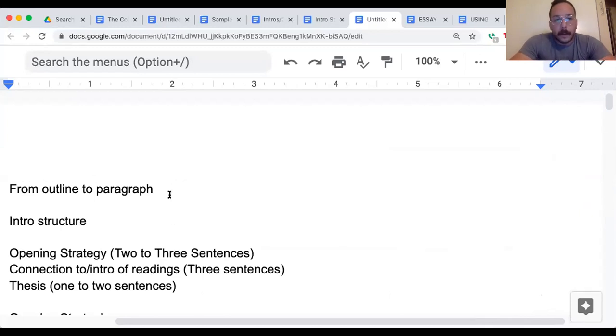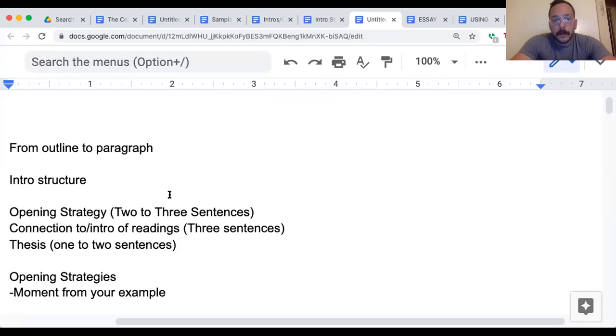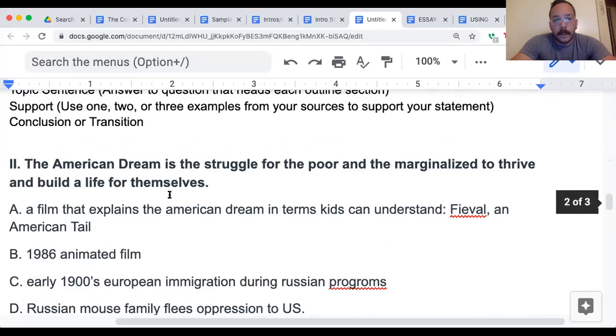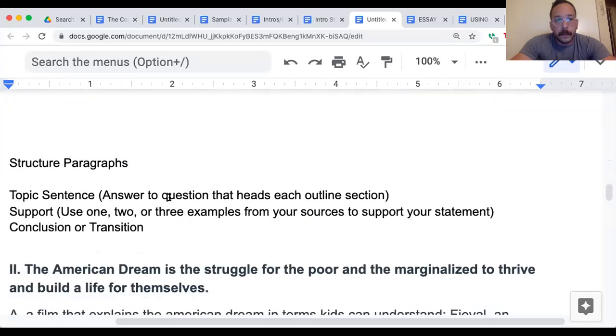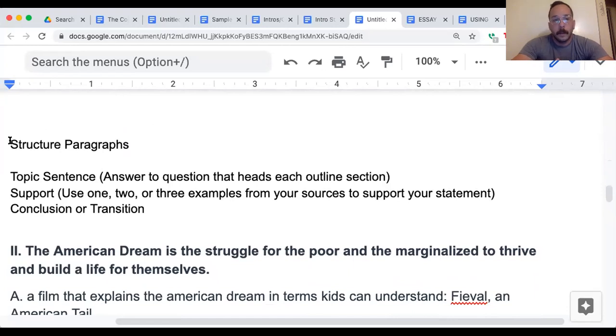So, from outline to paragraph. First, let's talk about paragraph structure. Once again, you've heard me talk about paragraph structure a million times at this point, and no surprise, we're going to be using paragraph structure, but tweaked to our purposes here.